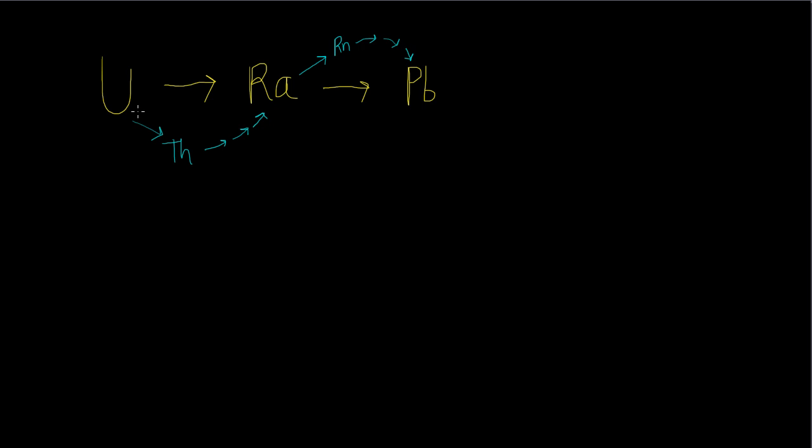The decay of uranium to thorium, this step here, is very slow because it's got a very long half-life. Similarly, the decay of radium to radon here is slow too. In contrast, the transformations of thorium to radium, all of this part here and all of this part here, are really fast.